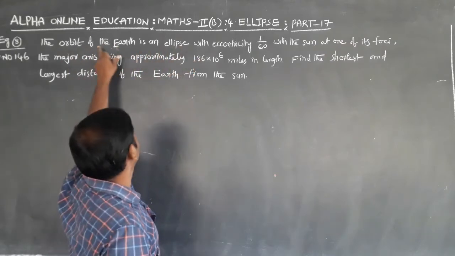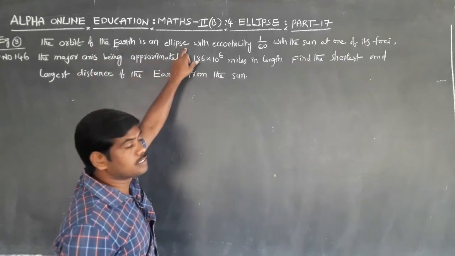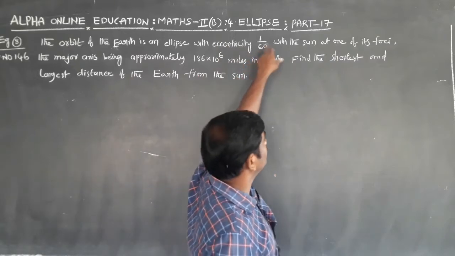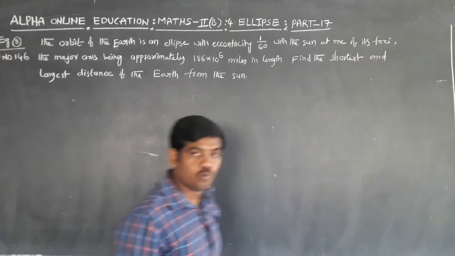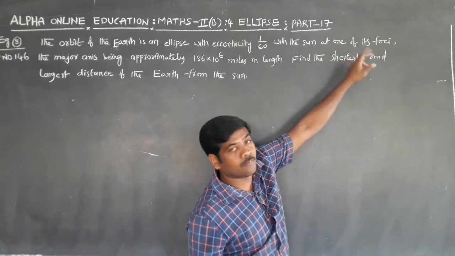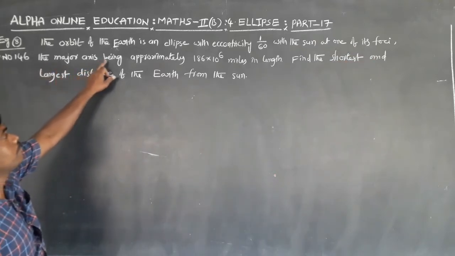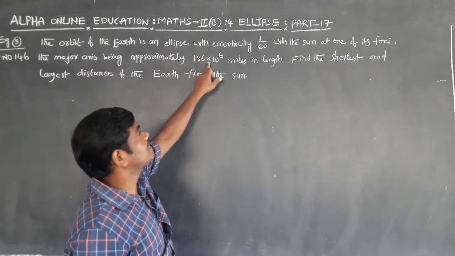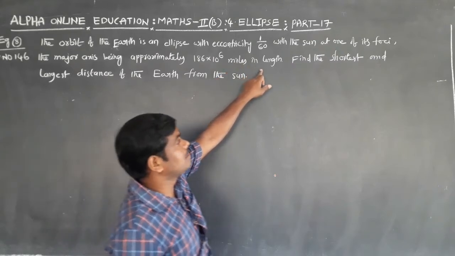The orbit of the earth is an ellipse with eccentricity 1 by 60, with the sun at one of its foci, the major axis being approximately 186 into 10 to the power of 6 miles in length.